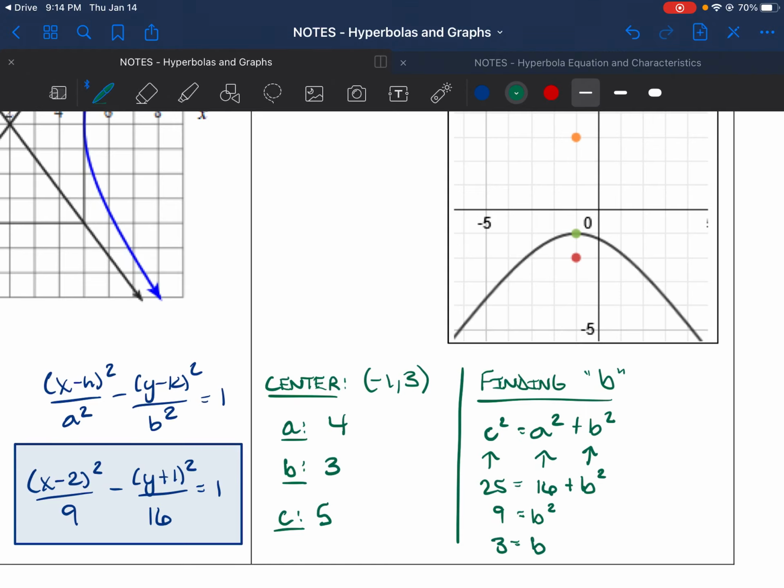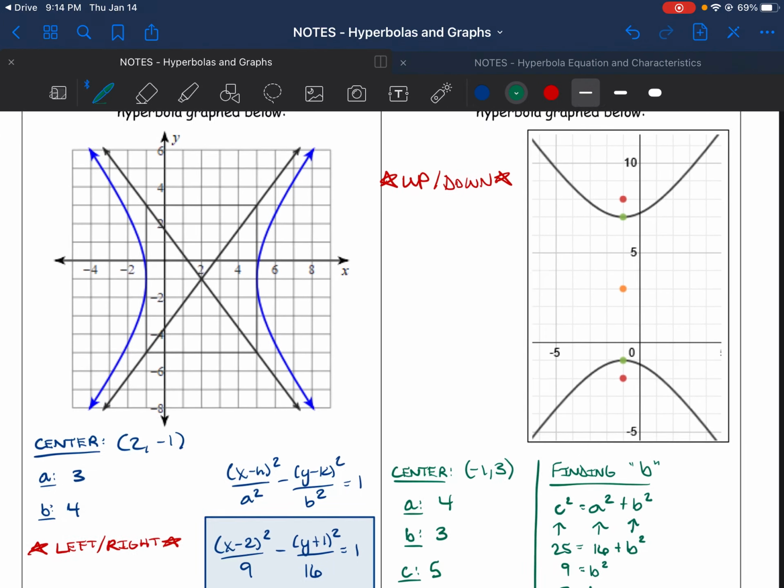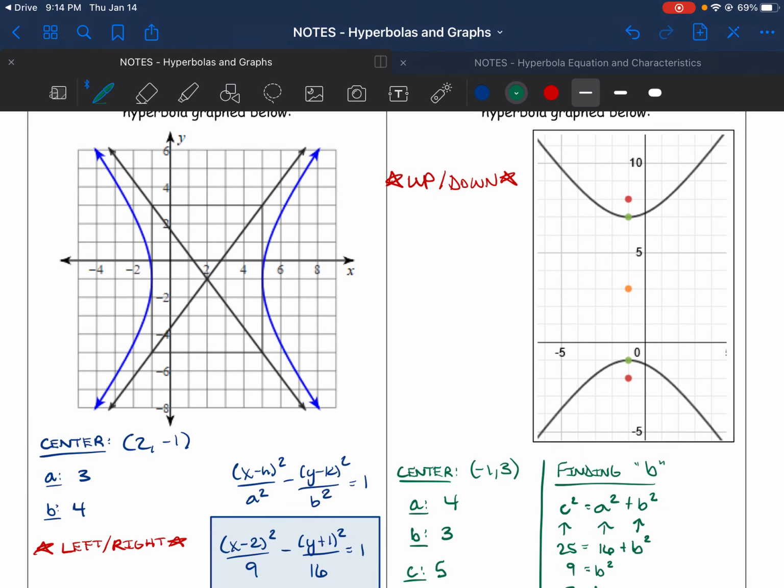Okay, and now that we know that A is 4, B is 3, and C is 5, and we also know the center and the fact that this hyperbola opens up and down, we can now plug the pieces into the proper standard form equation, which is, by the way, y minus k squared over a squared minus x minus h squared over b squared equals 1.